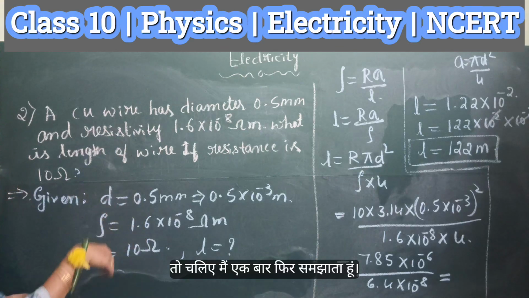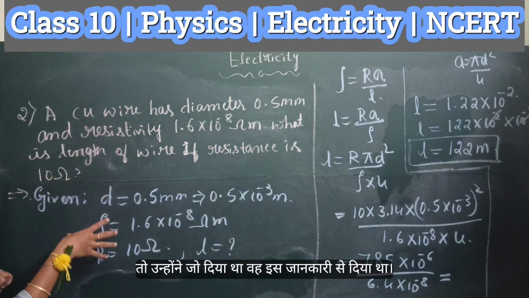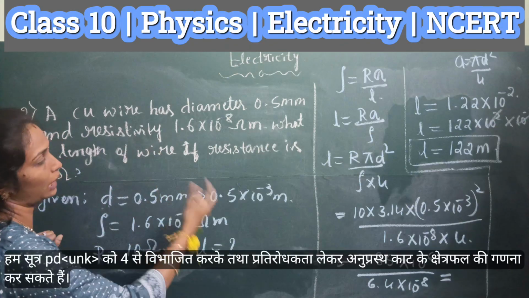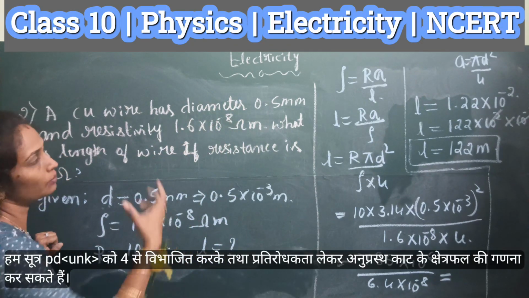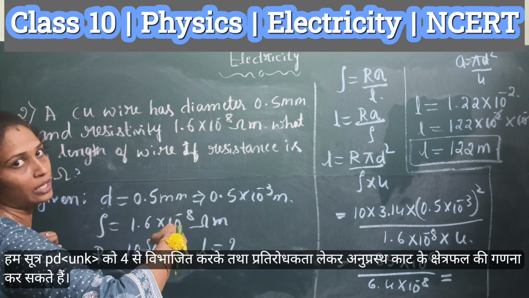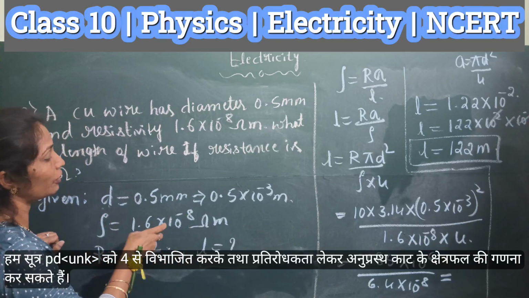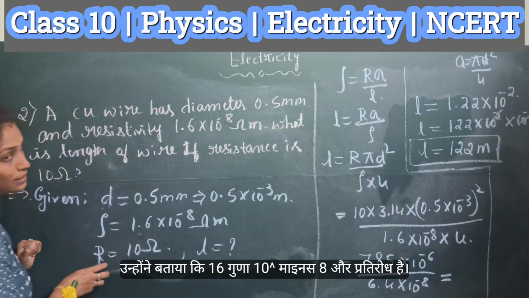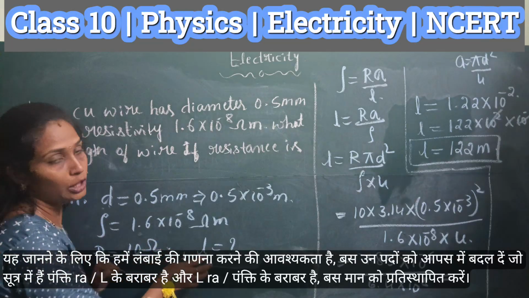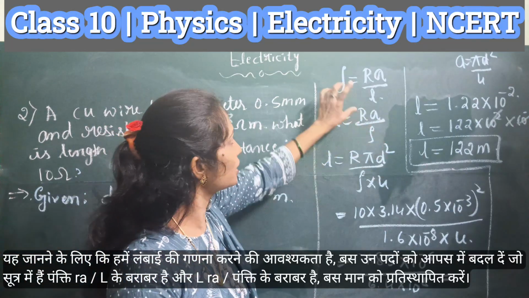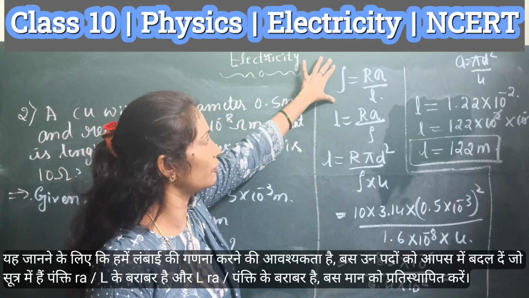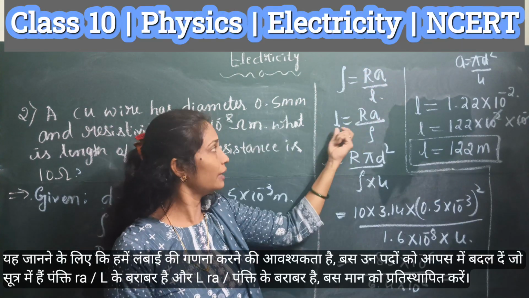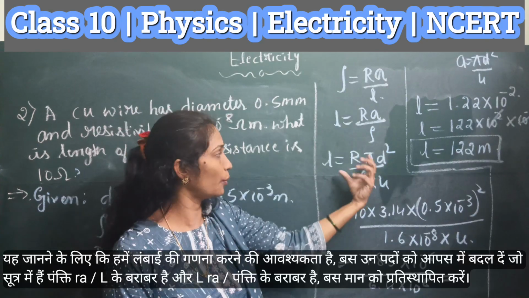So let me explain one more time. What they had given: d they had given. From this information, we can calculate the area of cross section by taking the formula pi d square divided by 4. And resistivity they had given, that is 1.6 into 10 to the power of minus 8. And resistance is 10 ohm. We need to calculate length. Just interchange the terms in the formula. Rho is equal to RA divided by L and L is equal to RA divided by rho.